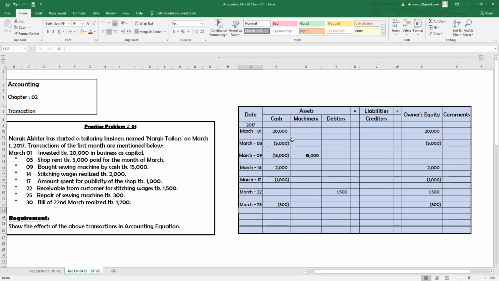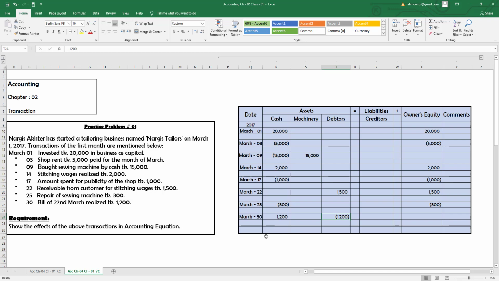Since there is no mention of check, we will consider it a cash transaction. So by the transaction of March 30, cash increases by 1,200 and debtors decrease by 1,200, because we have collected 1,200 from debtors worth 1,500. So we have written all the transactions into our table.